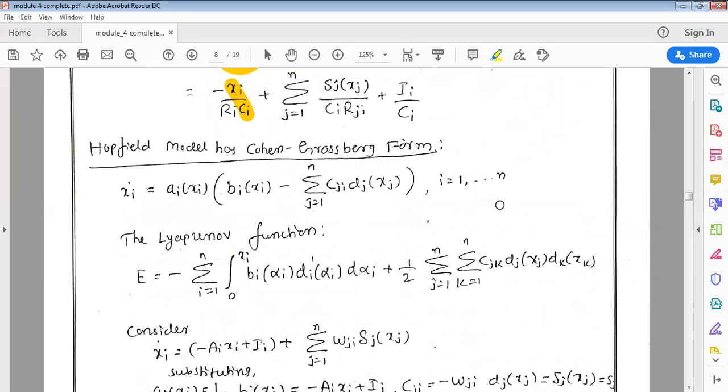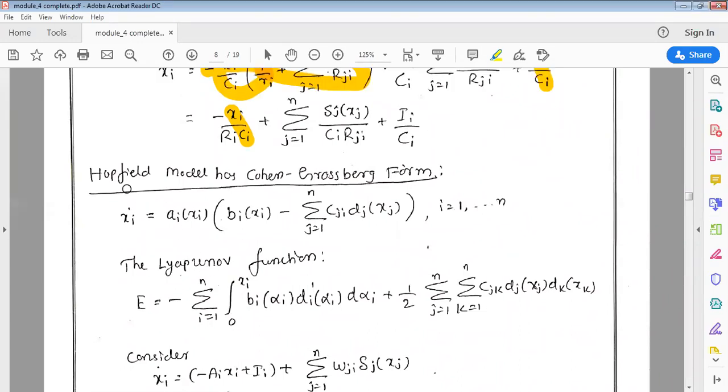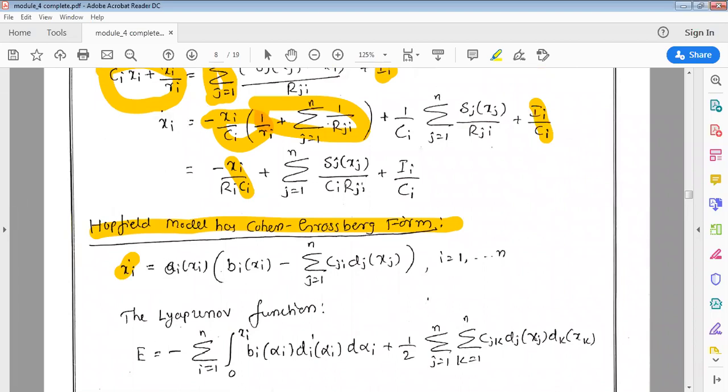Yes, sir. Okay. Now this Hopfield model has a Cohen-Grossberg form. The Cohen-Grossberg form is a particular form in which these kinds of attractor neural networks are written. This is given by xi dot equal to ai of xi into the bracket bi of xi minus summation j equal to 1 to n cji into dj of xj.